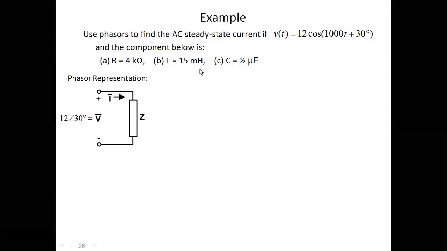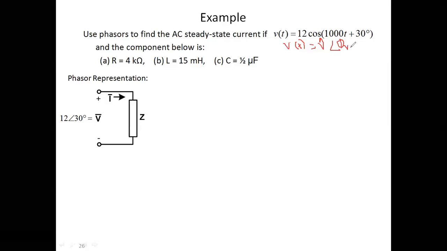We've been told that we have V of t. So the phasor representation would normally be the maximum voltage, or the peak voltage, with an angle of the voltage. This is what we usually have. If you remember, we talked about this just a few discussions ago.